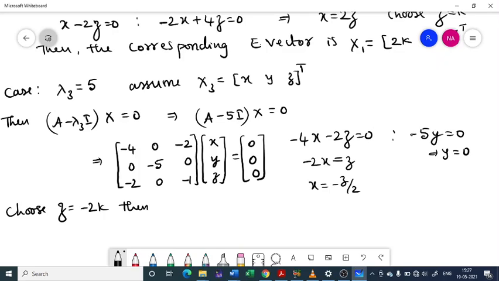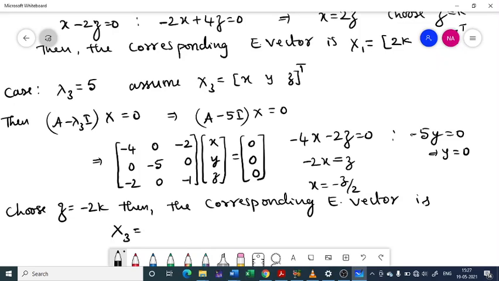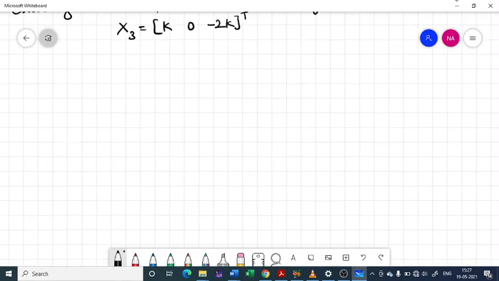Then the corresponding eigenvector is capital X3 equal to, first entry the minus signs cancel, the 2 cancels, k 0 minus 2k transpose. So that completes problem C. Next, D.